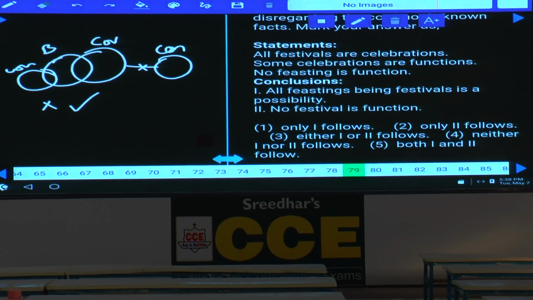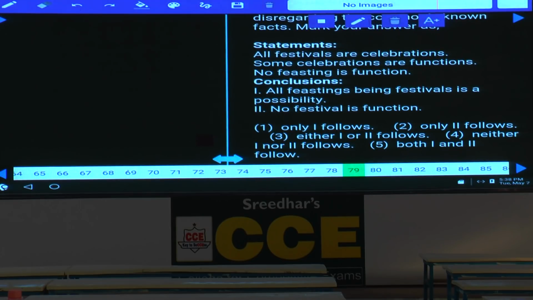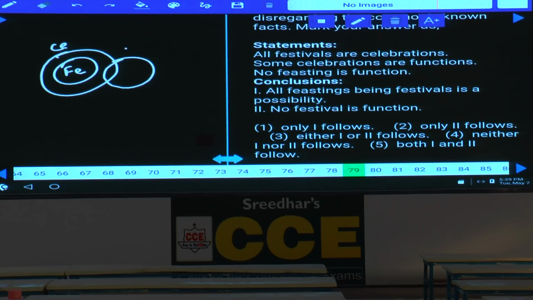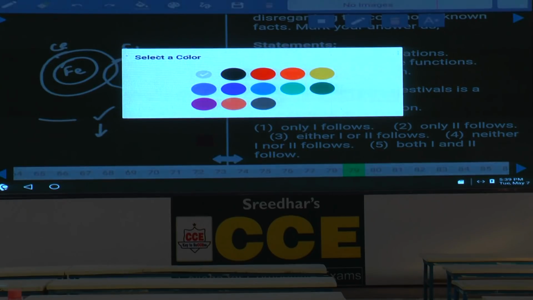Then 79. Now in this 79, all festivals are celebrations. Next one, some celebrations are functions. And no feasting is a function, no intersection between feasting and function. First one is a possibility. Second, no festival is a function, definitely true, isn't it? As the second conclusion is true, it is a negative conclusion.